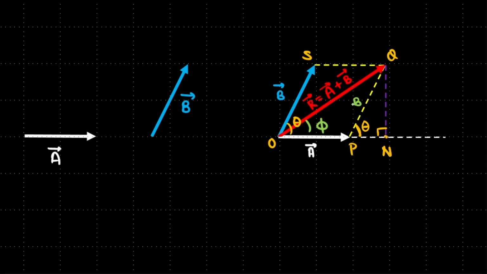So if you know the direction of one vector, you can obviously find the direction of the other vector if you know the angle between them in a 2D plane at least. We are doing 2D vectors, so this works. If you have a 3D vector, there will be 3 angles in play. So since we are doing this in 2D, we only need one angle to specify where vector R is.